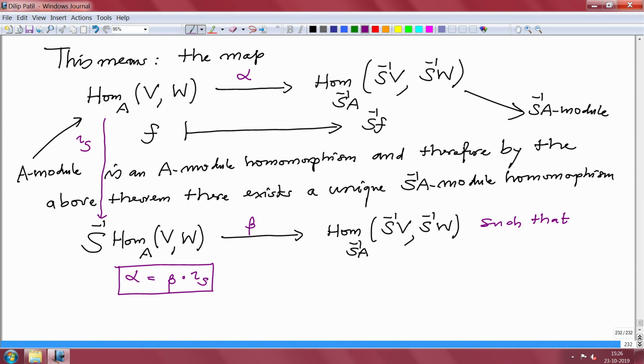Some more: we already noted that S inverse preserves the exact sequences. That is, it maps exact sequences to exact sequences. So, I will also note one little bit more general than the last time.